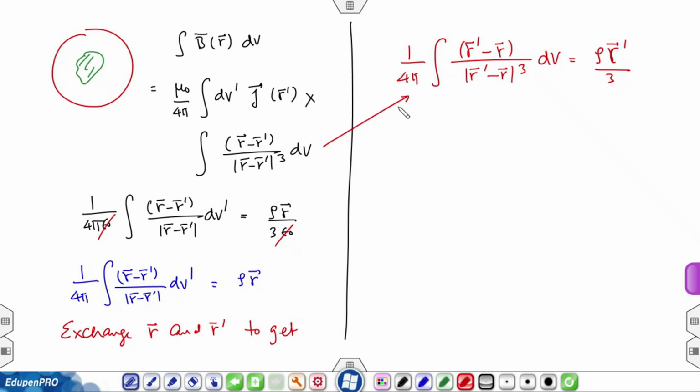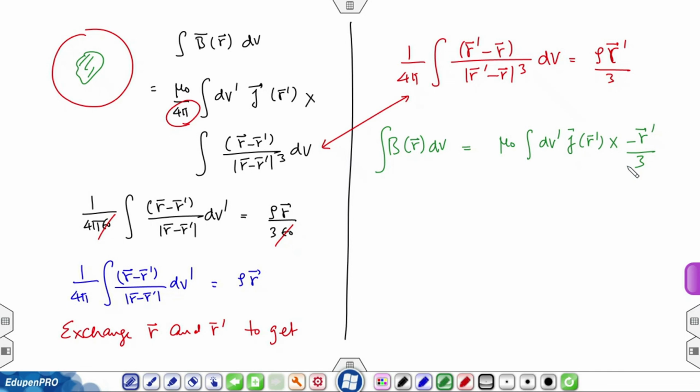You see, we have gotten this integral along with this 4 pi. So, I can write integral B(r) dV equals mu naught integral dV prime J(r prime) cross, rho is 1, so minus r prime over 3.